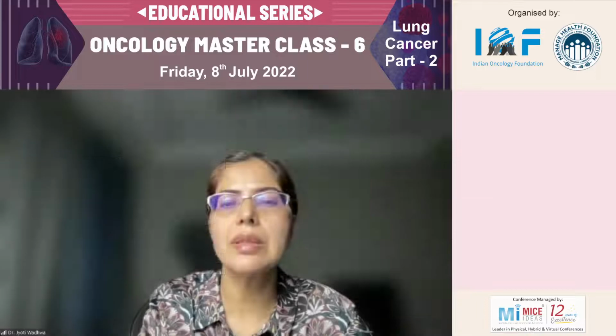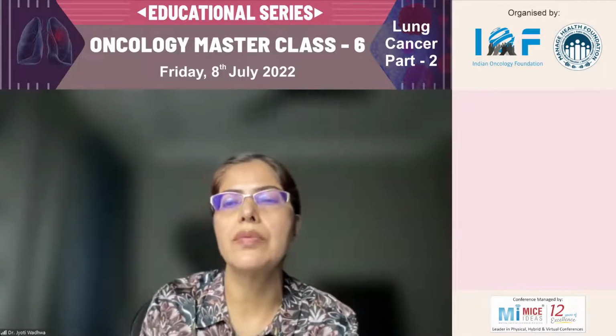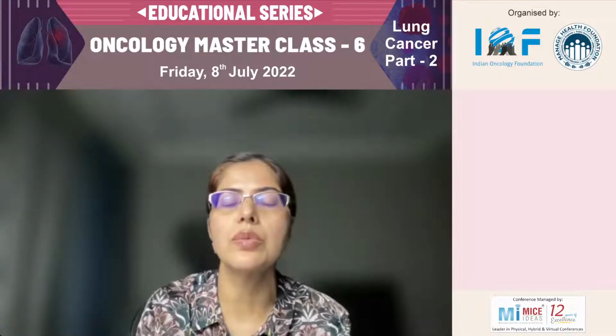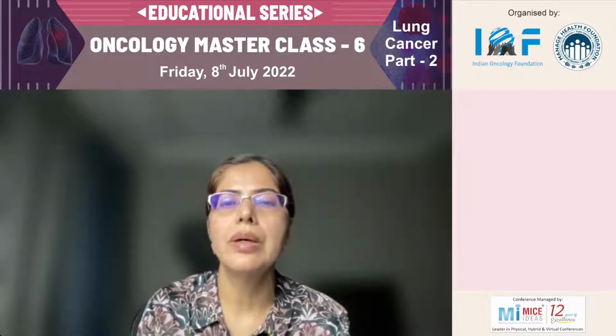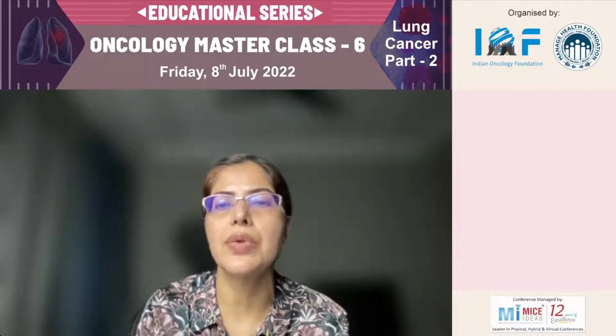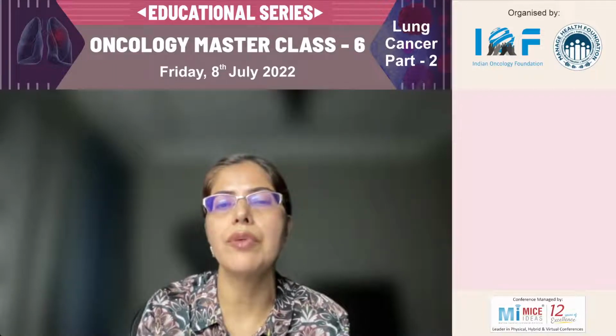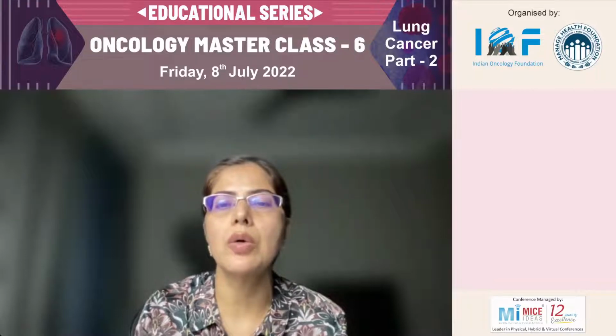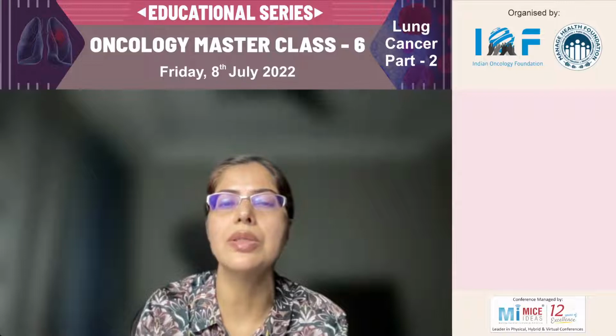Today, we have discussed two very important topics. We have talked about a subset of non-small cell lung cancer patients who harbor ALK gene rearrangement. We have become aware that we have 5 ALK inhibitors available for use. We have talked about first generation, second generation, and third generation ALK inhibitors.